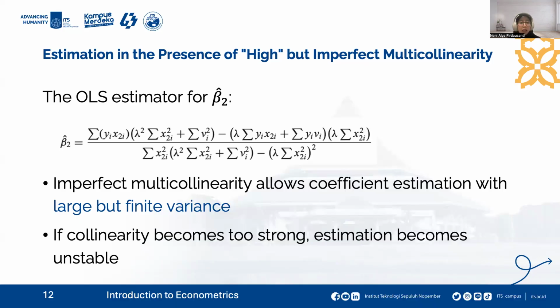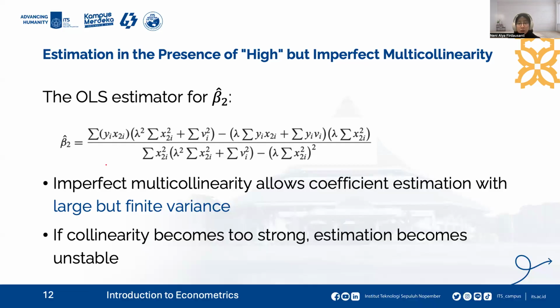You substitute any x3 here with lambda x2 plus vi. So here you will have a large estimation, but we will have finite variance, which means that if the collinearity becomes too strong, the estimation here will be unstable because the variance will be large.